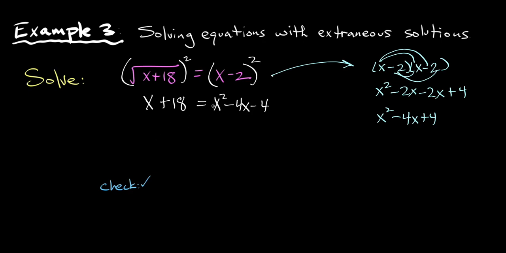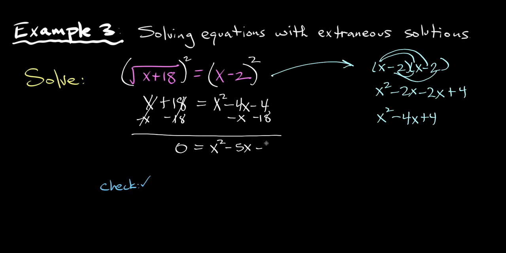Quadratic, because it's a squared, that means we have to put everything on one side to solve it. So I need to subtract x, and I need to subtract 18. Move everything to the right on this problem. Doesn't matter which side you move them to. Ho ho.